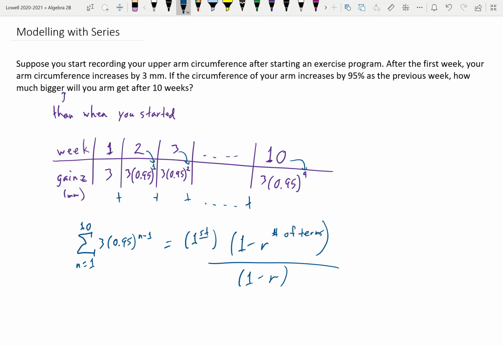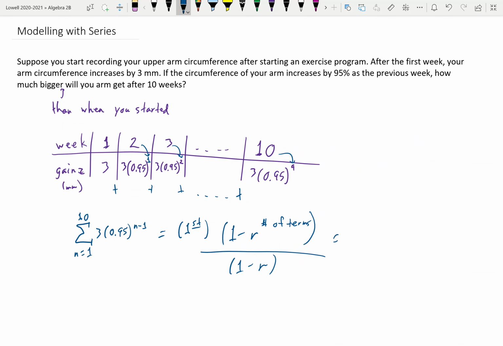It's really just a matter of plugging things in at this point. So this is simply 3 times 1 minus 0.95 to the 10th power, all over 1 minus 0.95, which simplifies to just 0.05. At this point, you're going to just bust out a calculator and get an answer.